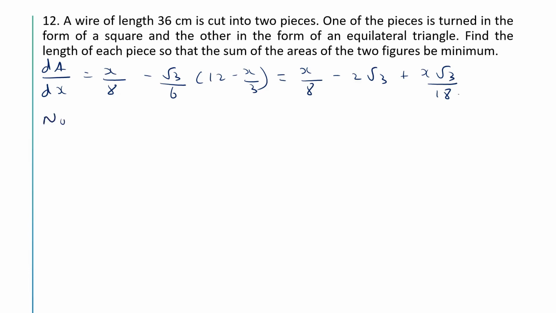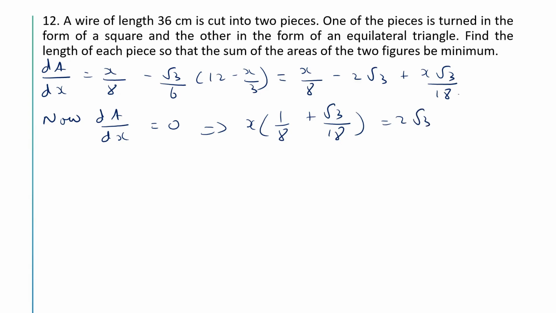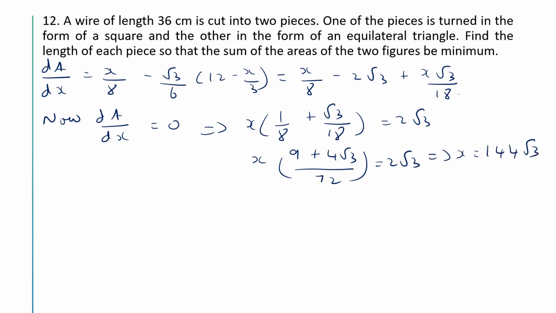Now at the critical points dA by dx equal to 0, which means we have x into 1 by 8 plus root 3 by 18 equal to 2 root 3. Let us take LCM. LCM is 72. So 9 plus 4 root 3 by 72 equal to 2 root 3, or x is equal to 144 root 3 by 9 plus 4 root 3.